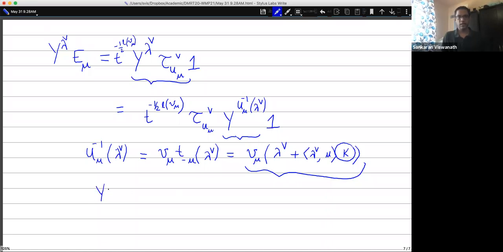So y raised to this whole thing, u mu inverse lambda check, is just y raised to the first term, which is v mu of lambda check, times the second factor, which is q to the minus lambda check v. Sorry, this is only for the first.